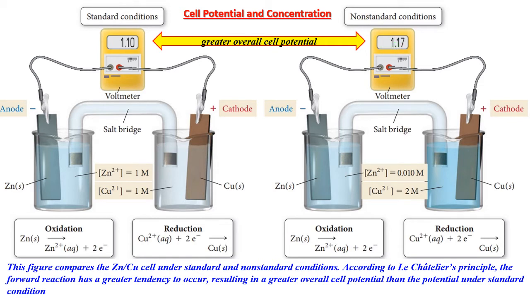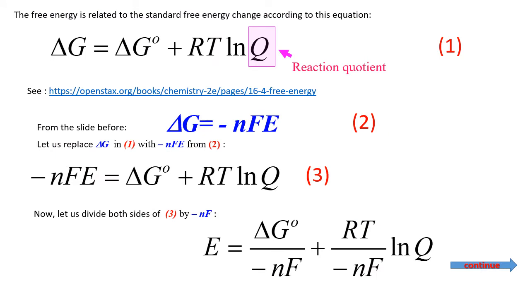Can we make it quantitative? Yes. Free energy, as you may again recall from the previous chapter, free energy delta G is delta G0 plus RT ln of the reaction quotient. From the slide before, you have delta G equals minus NFE.